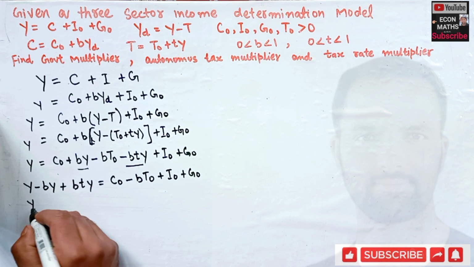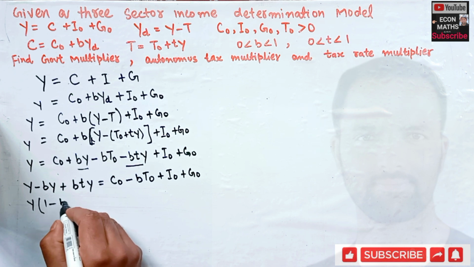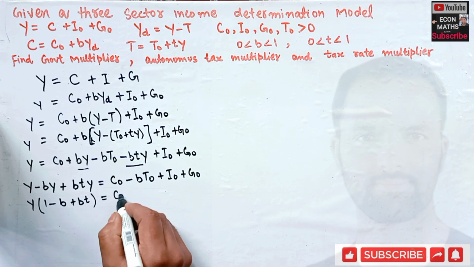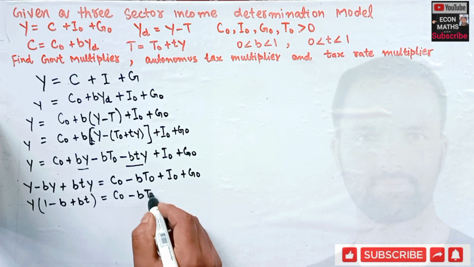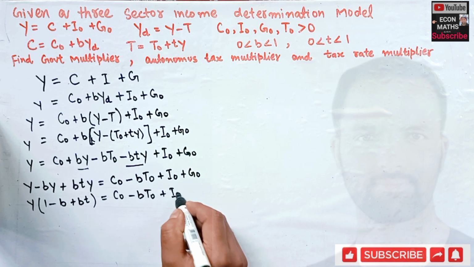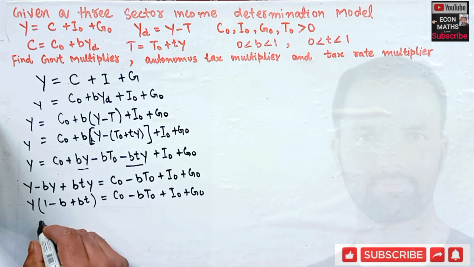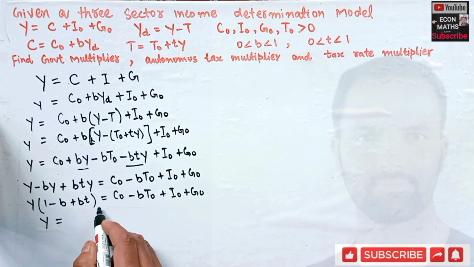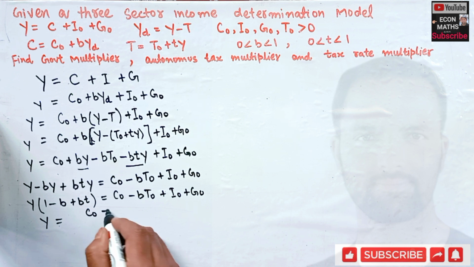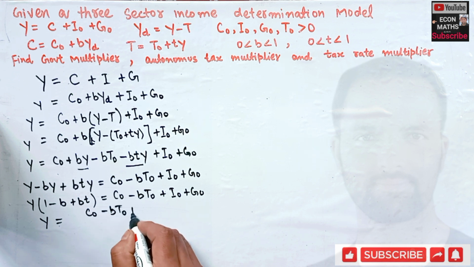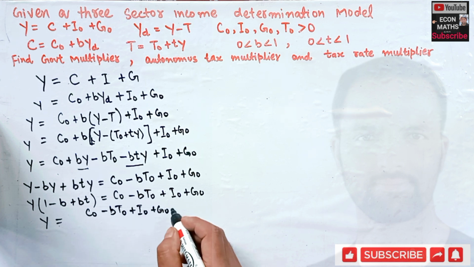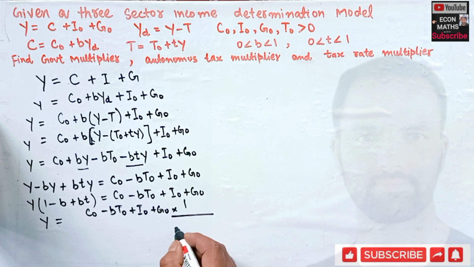Okay, if we take Y common, we are left with 1 minus B plus BT is equal to C naught minus B T naught plus I naught plus G naught, or Y is equal to, if we transpose this term to the RHS, this will become C naught minus B T naught plus I naught plus G naught, and this will get multiplied by 1 upon 1 minus B plus BT.